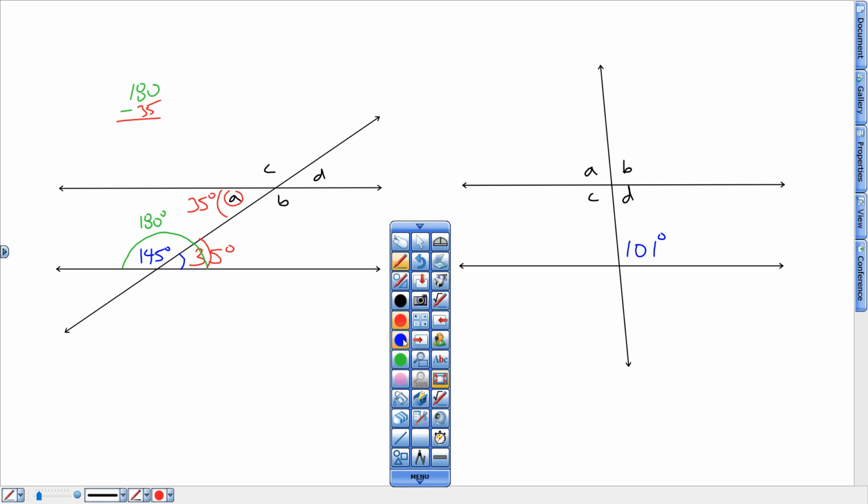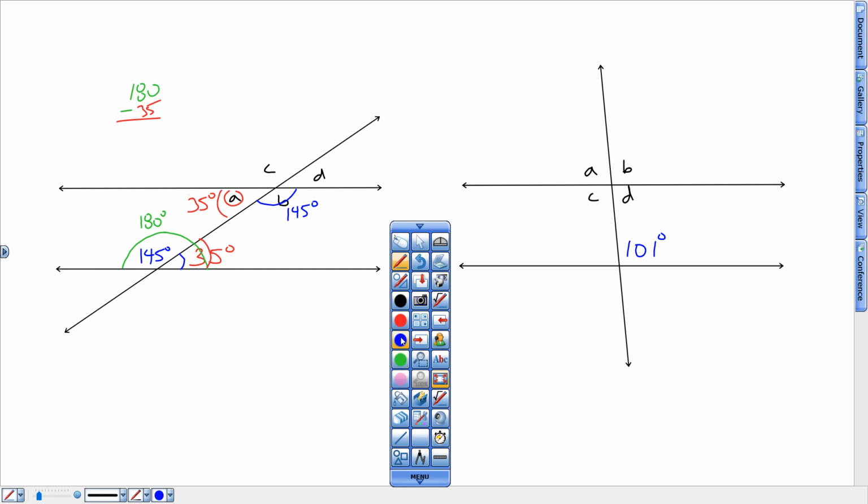And then I need you to see that this one is clearly the same as 145. Those are clearly the same opening with my eyeball. I can clearly see that. So again, these two angles are what we call alternate interior. They're on either side of that line slicing through the middle.